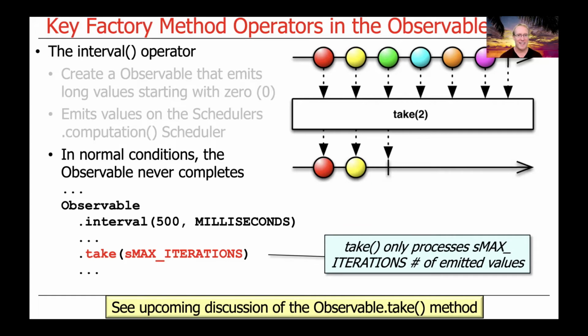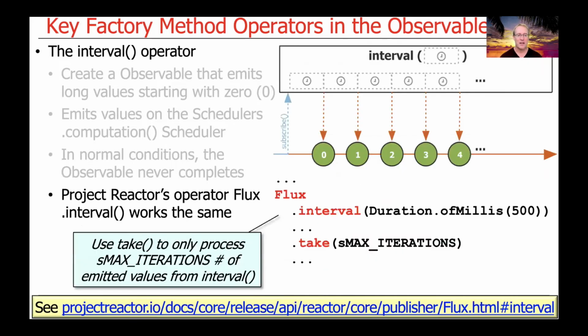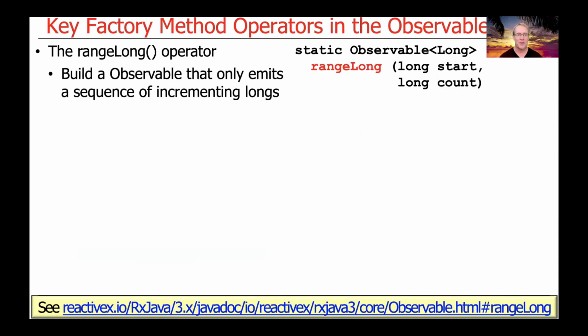And we'll talk about take when we get to suppressing operators. Project Reactor has a Flux interval operator that works essentially the same way as the one that's defined in RxJava. Once again, you can see here how we use interval in conjunction with take and Flux to take only a certain number of iterations of emitted values from interval.